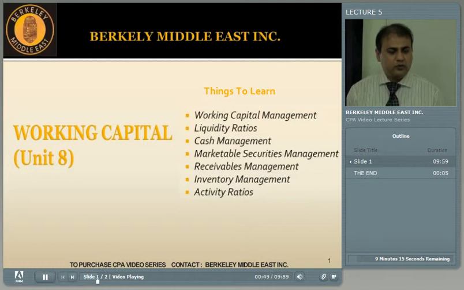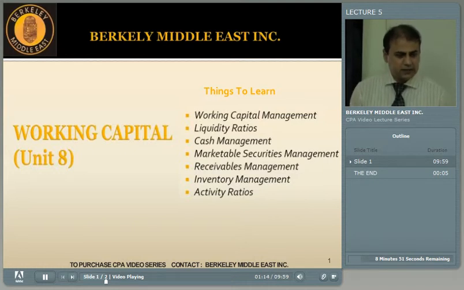That starts from inventory, which is another name for stocks. Then we have cash, we have bank, we have receivables. Receivables could be of any nature. It can be trading receivables and non-trading receivables. I'm talking about a general company structure. If it is a bank, then they will have receivables and payables as well.